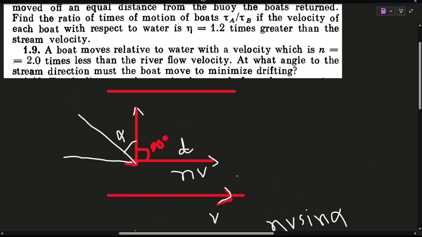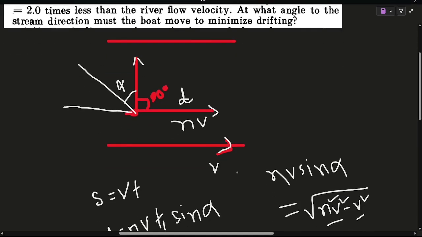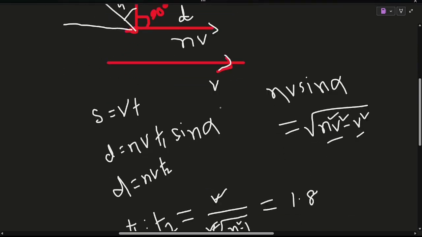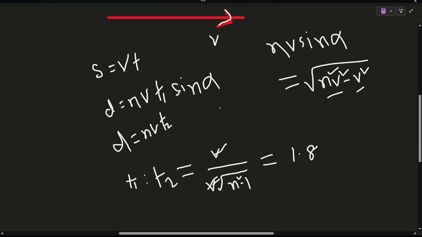Firstly, this boat will be going in the stream way, because the stream velocity will be added up.